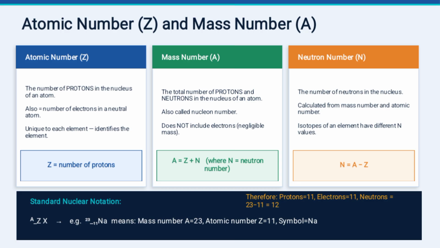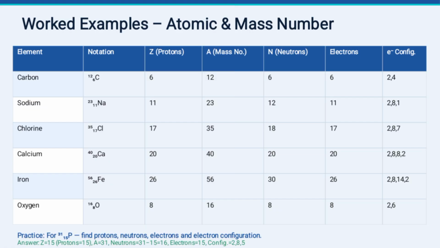The electron is not 11, because Na plus shows that the atom has lost one electron, so the electron is now 10, not 11 anymore. While the neutron is still the mass number minus atomic number, which is 23 minus 11, which is 12. So for Na plus, proton is 11, electron is 10, neutron is 12. Please take note of this.